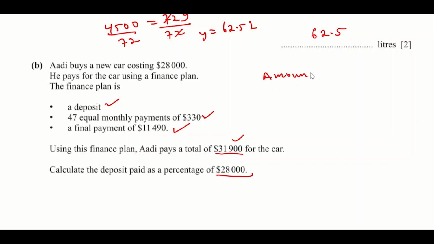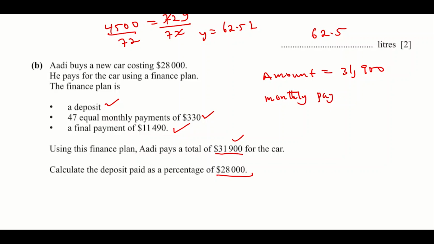That is when you add the deposit, plus the monthly payments, plus the final payment. When you add these three together, you should get $31,900. Then the monthly payment, you can write something like this.